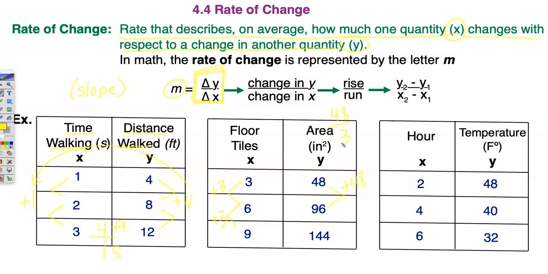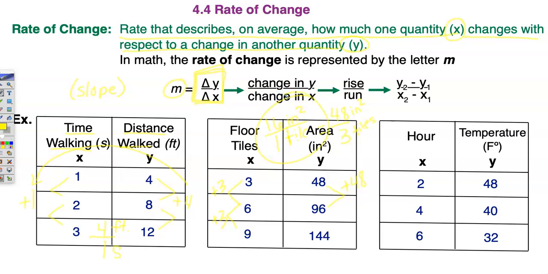So it's 48 inches squared for every 3 tiles. Well, we could also simplify that because each of those divides by 3. So for every 16 inches squared, it occupies 1 tile. So our rate of change is actually 16 over 1, or you can also look at it as 48 over 3.